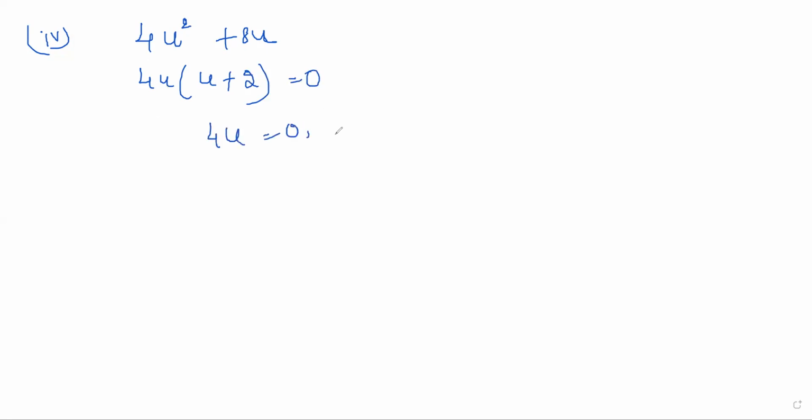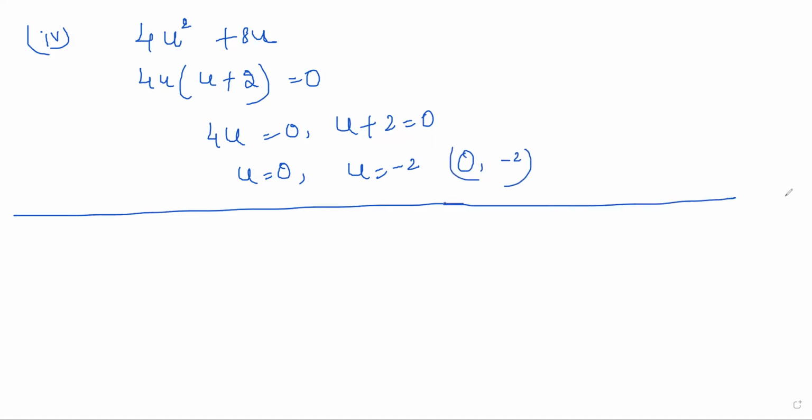So 4u is equal to 0 and u plus 2 is equal to 0. So u is equal to 0 divided by any number is 0. Then u is equal to minus 2. So what are the zeros here? 0, comma, minus 2. Right?